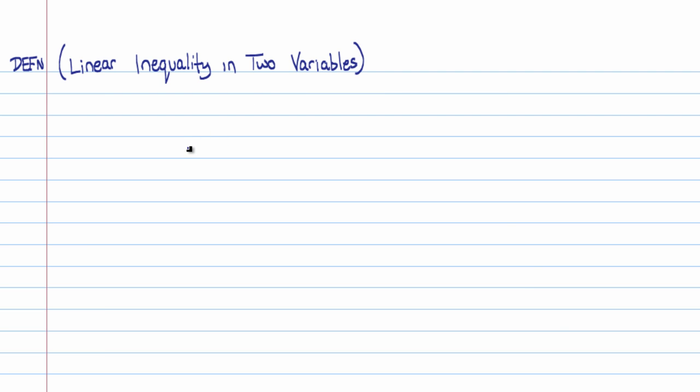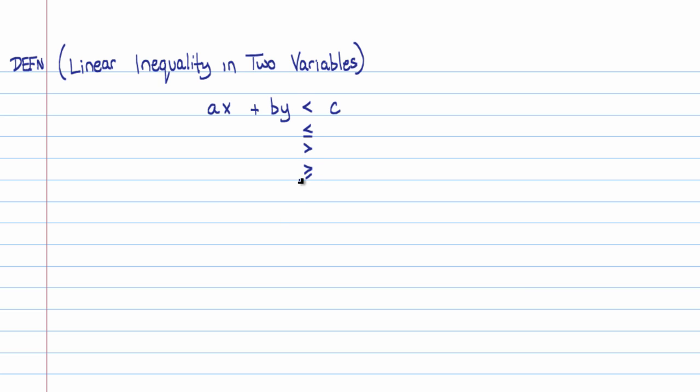So we'll go ahead and start with a linear inequality in two variables. We'll define that. A linear inequality in two variables is just like a linear equality in two variables. Recall that a linear equality in two variables is like ax plus by is equal to c. But instead of being equal, we have an inequality. So in other words, we have something like less than or equal to, or greater than or equal to.